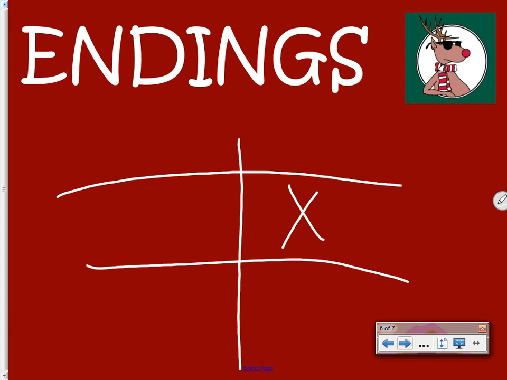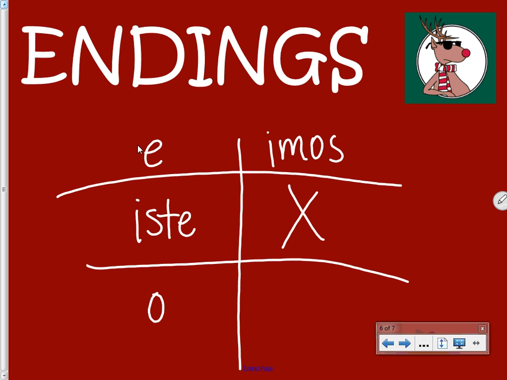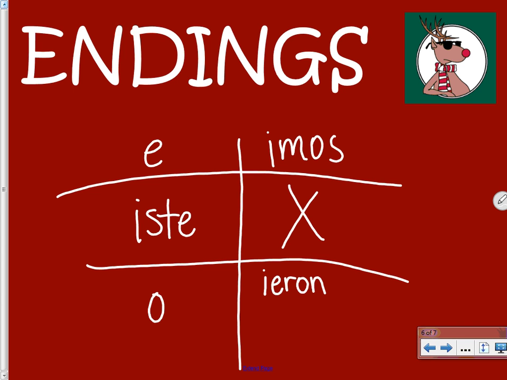So my endings are the letter e for yo, iste for tú, o for él, ella, usted, imos for nosotros, and then we have ieron for ellos, ellas, ustedes. But we have a little issue with ellos, ellas, ustedes because we have a second ending, and that's just eron, and that's for the J group only.